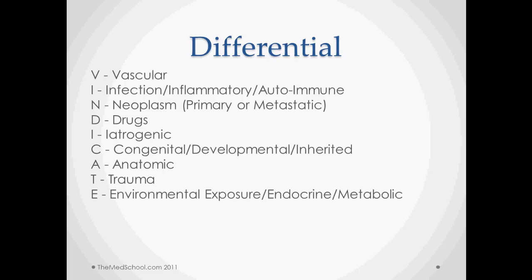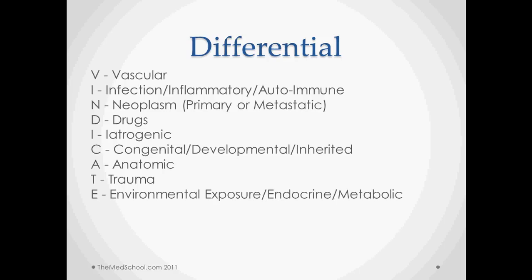Infection like hepatitis, inflammatory, and autoimmune. There is an autoimmune hepatitis. There's also primary sclerosing cholangitis, which is most likely autoimmune, and primary biliary cirrhosis is also probably autoimmune. So all these are inflammatory or autoimmune diseases that can cause liver damage.